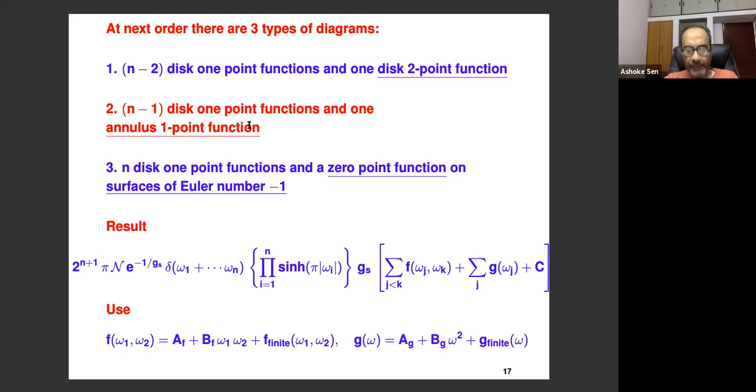This one is coming from here, and the last term is coming from here. And now we are again going to use these expressions for f and g that we wrote earlier. The finite pieces are well defined, and you have these constants af, bf, ag, and bg that enter the expressions for f and g. So the idea is that we will now substitute this in this expression over here.